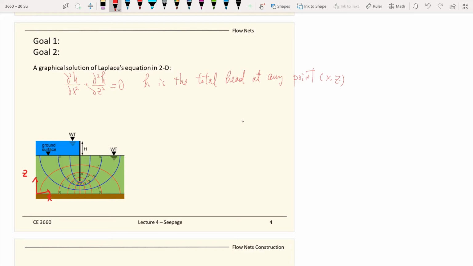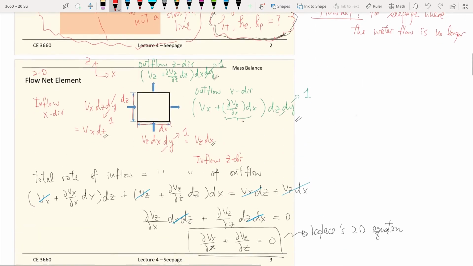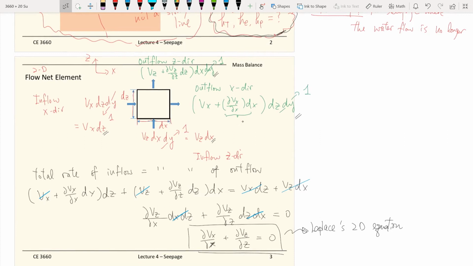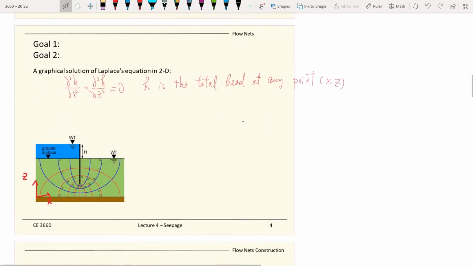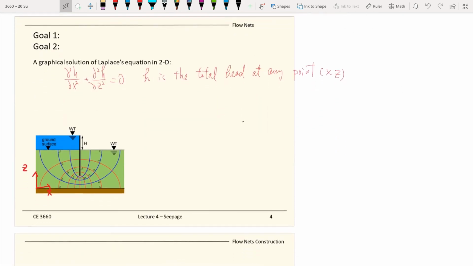Then what you would do is form a mass balance, equilibrium condition. You set the water inflow equal to outflow. Then you solve the equations. You get a Laplace equation, and through the Laplace equation, you can find out the head at any point, because now the solution is the head.